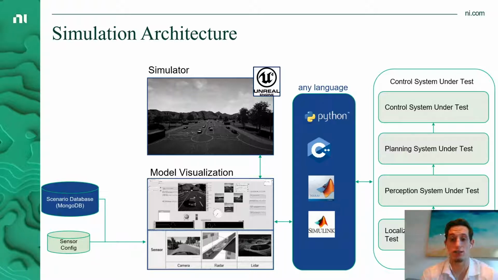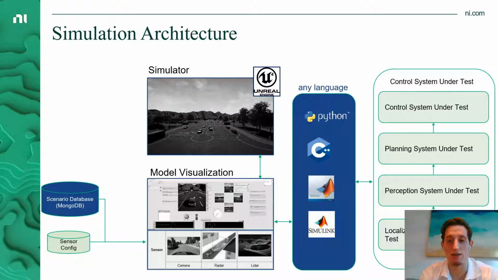Now, if you're testing the entire control stack, you need to feed those same sensor models, validated, into the perception system. They then need to compute the entirety of the stack, and they'll output a drive-by-wire command back through the system to drive the ego vehicle in the simulator.